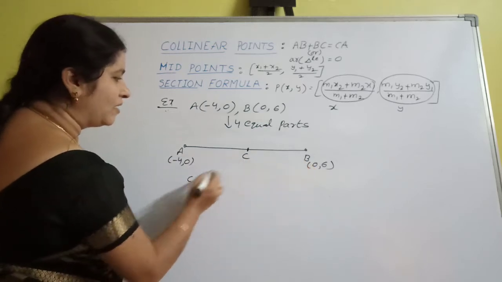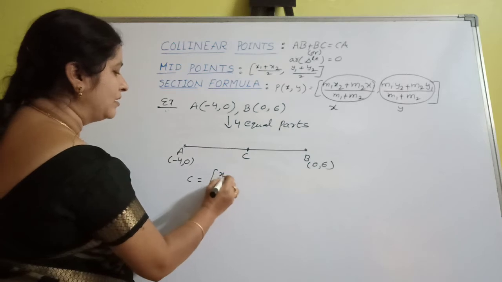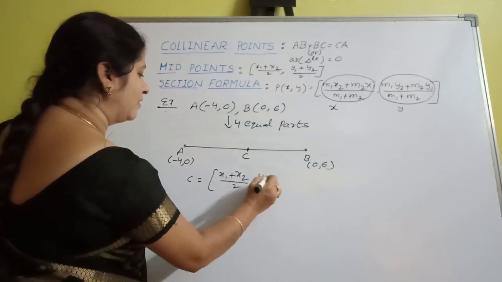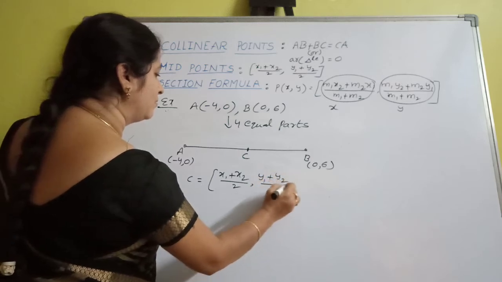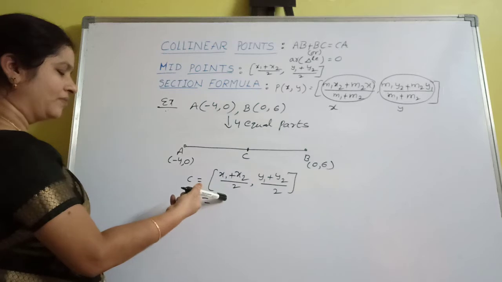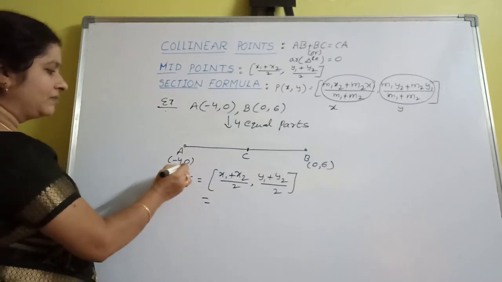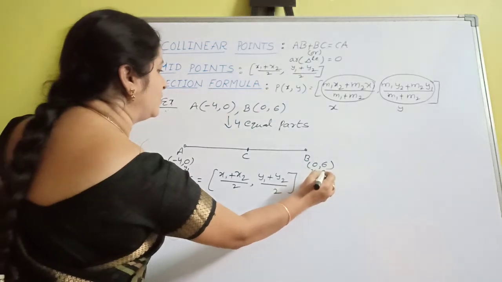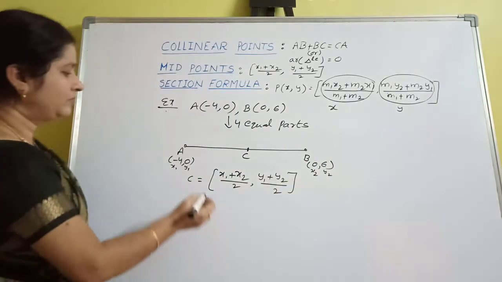So what is the formula for C? Midpoint means (x1 plus x2) by 2, (y1 plus y2) by 2. Substitute these values in this formula. Here it is x1, y1, second point x2, y2.